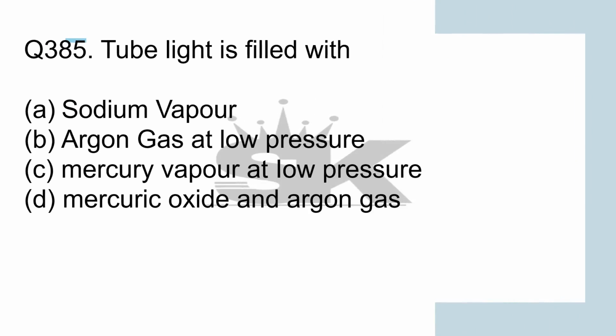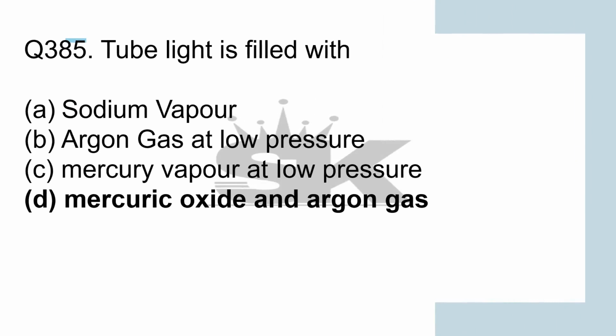Tubelight is filled with mercury oxide and argon gas, where mercury oxide is used to emit UV light, while argon gas is used to provide an inert atmosphere within the tube.